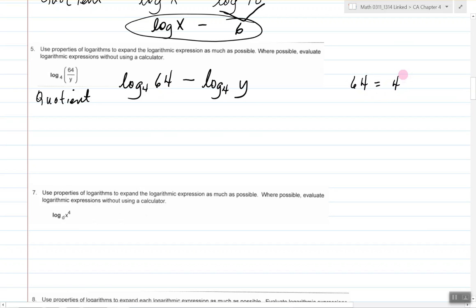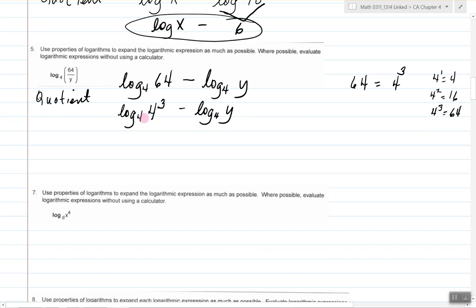4 to the first is 4. 4 to the second is 16. 4 to the third is 64. So 64 is 4 to the third. So this is the log base 4 of 4 to the third power minus log base 4 of y.